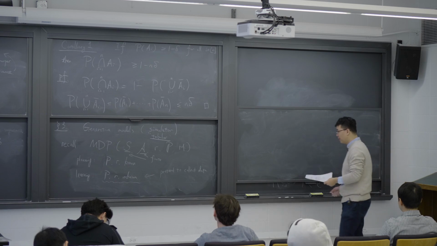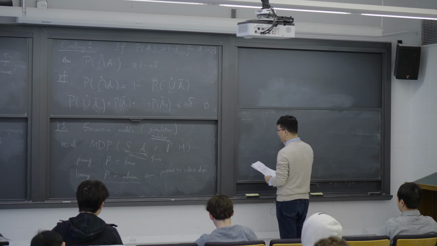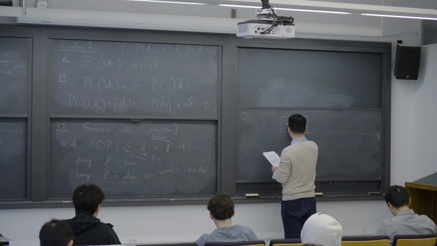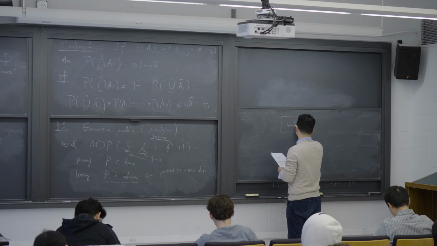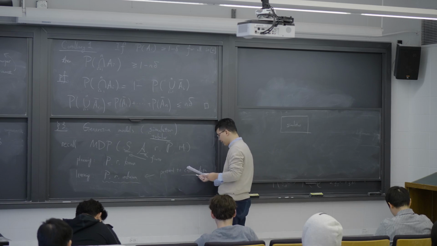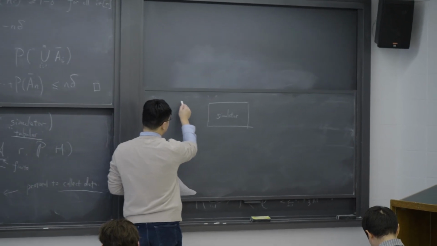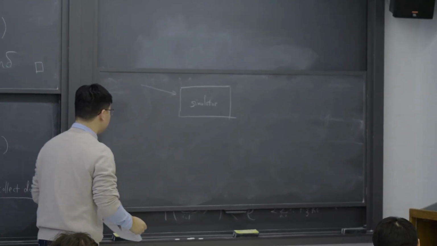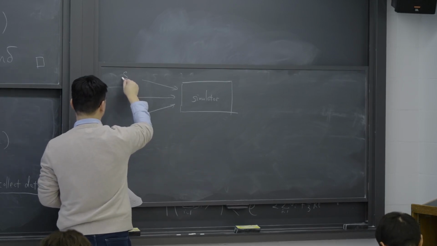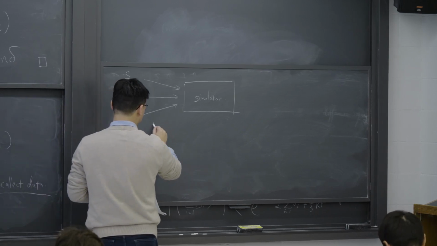Okay. So what is a simulator? A simulator, you can, in general, understand as a black box. You have a simulator here. So a simulator is one specific way to collect data. The simulator will essentially allow you to take some input. So you can ask the simulator what is the state, what is the action, what is the current step H. This is the input of the simulator.